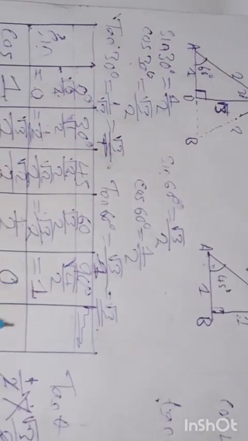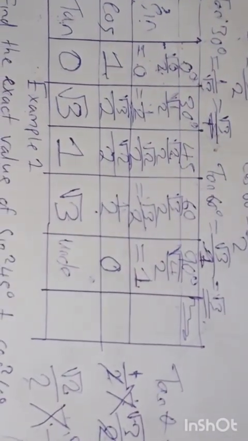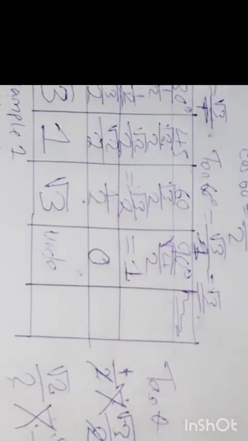This table will help you find these quick expressions. You can choose either to use triangles or this table to find answers. So let's quickly do some examples for you to understand what we are talking about.